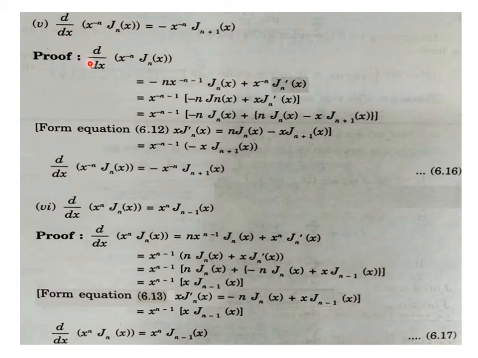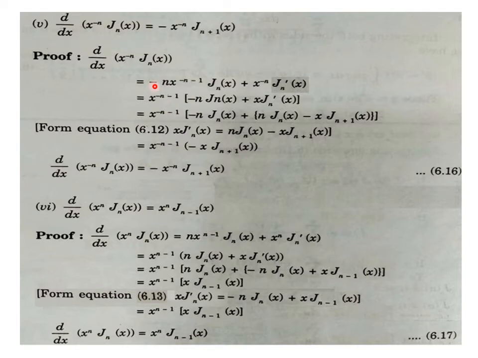We start with the left hand side, d by dx of x power minus n into Jn(x). Applying the product rule of differentiation, we have the first part x power minus n differentiated as minus n x power minus n minus 1, into the second part Jn(x) which remains invariant, plus the first part x power minus n remains invariant, and the second part Jn(x) differentiated as Jn dash (x). Then we take x power minus n minus 1 as common out of those two terms.